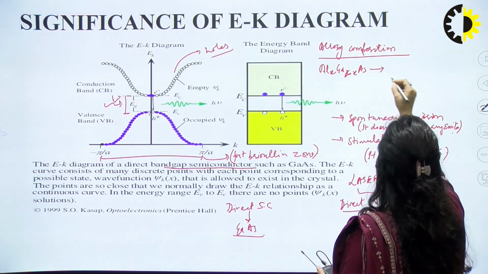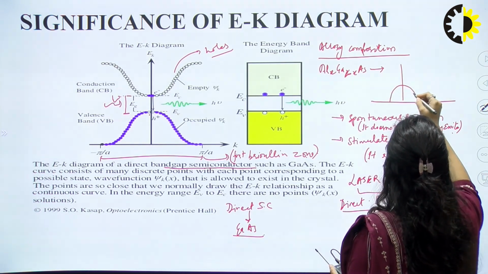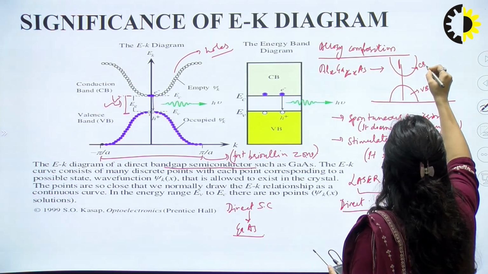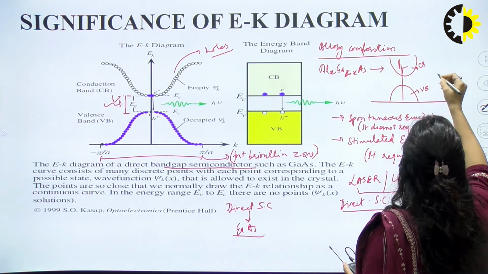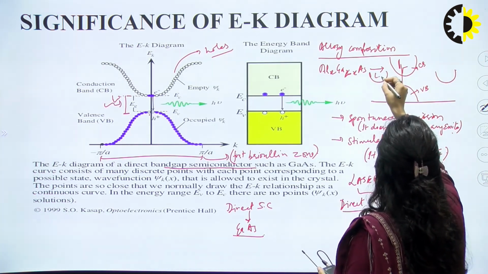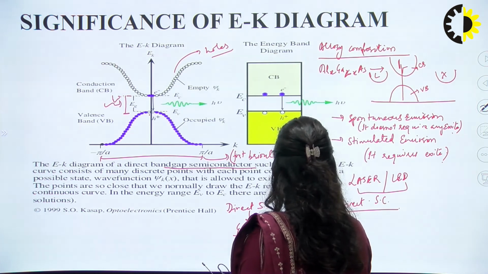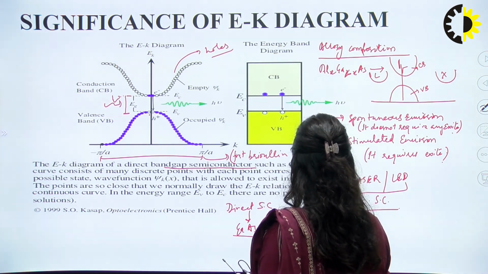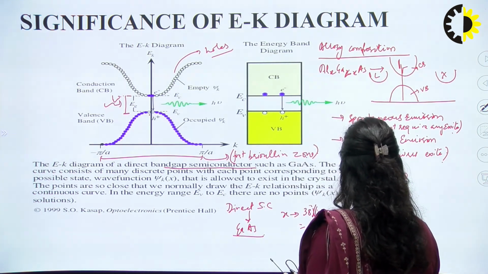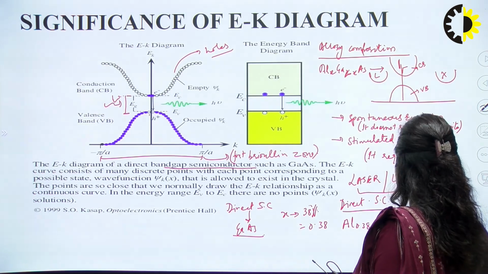The lower valence band is residing here, and the upper conduction band is also here, called gamma. Some conduction band minima are situated here, and some here, suppose L or X. With the value of small x, the fraction we take, suppose it is 38% or 0.38, so it is Al 0.38, gallium 1 minus 0.38, then arsenide.